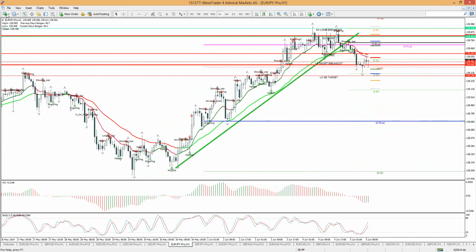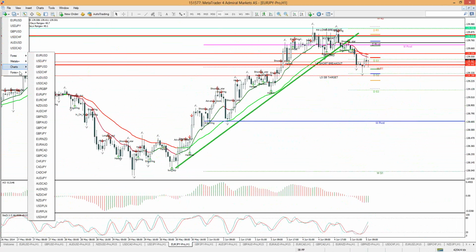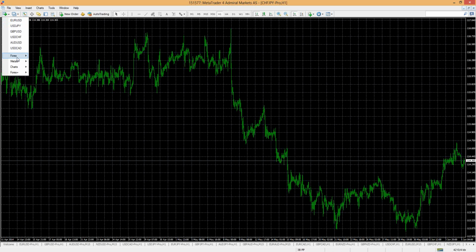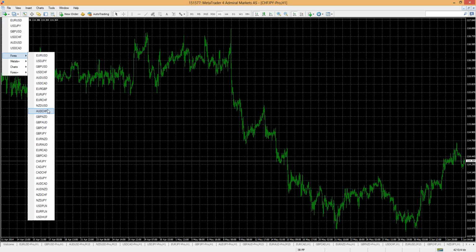Let me take a look at Swiss yen long. Bob is asking about Swiss yen. Let's take a look. I also want to take a look at Aussie Swissy, actually.